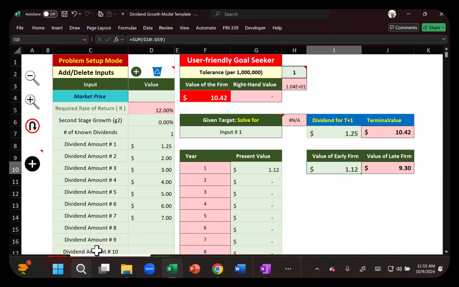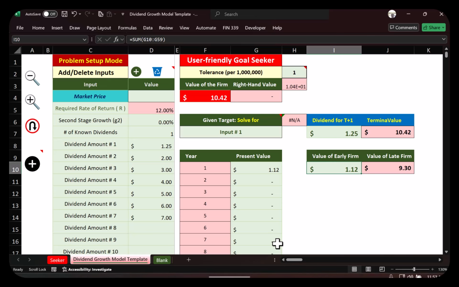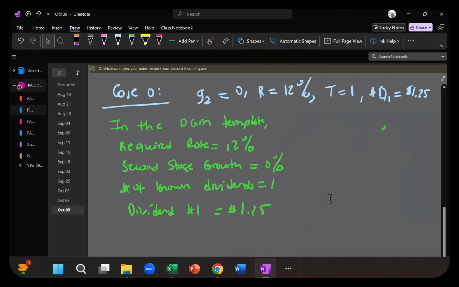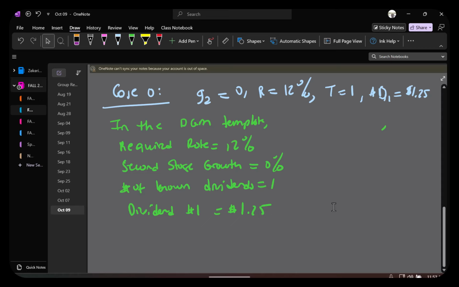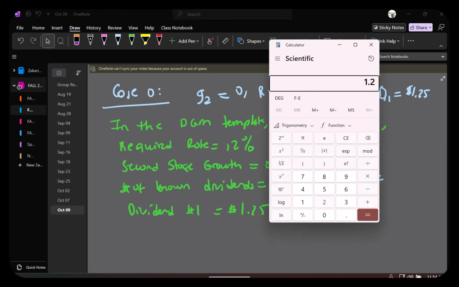If we had done that by hand, it's always a good idea to kind of check. Remember, value equals 125 divided by 0.12.